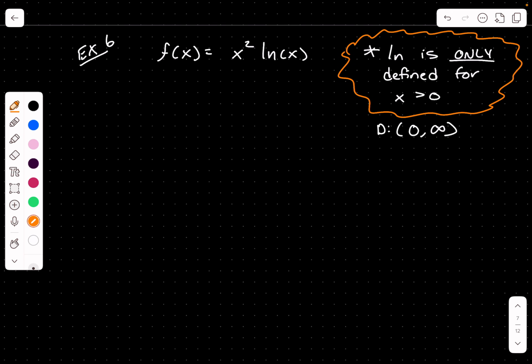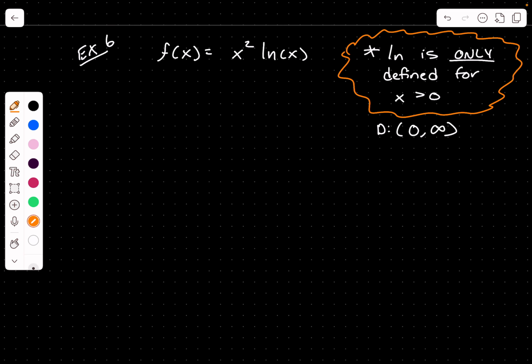So we have natural log. So remember, natural log ln is only defined for when x is greater than 0. Therefore, our domain is going to be 0 to infinity, non-inclusive of 0. All right, so let's do this. So again, we're going to use our product rule.